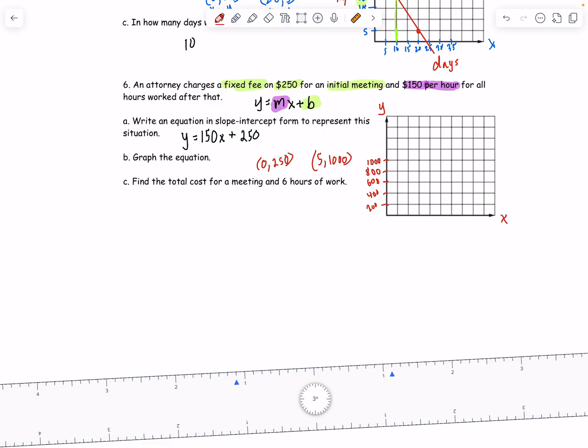Now, the x-axis, though, look at our x numbers. So this is our x, this is our y. This just goes from 0 to 5. So for the x-axis, I would go by different numbers. I would just go 1, 2, 3, 4, 5.